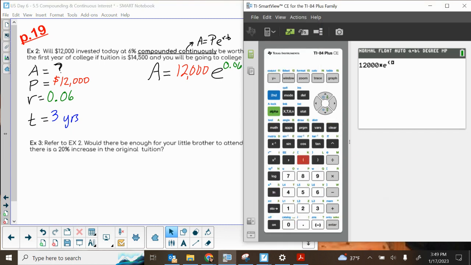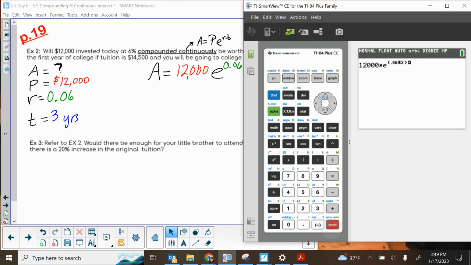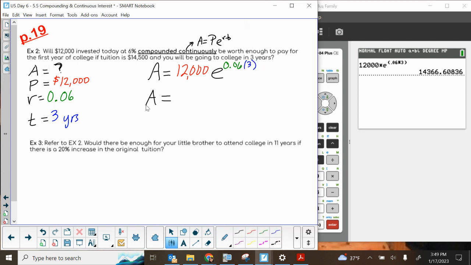Parentheses, 0.06 times 3. Just double checking that I put it into the calculator properly. Didn't miss any zeros. And so that tells me that my A value is going to be $14,366.61. Now, if I compare that to the tuition being $14,500, then I'll say, well, it's not enough.